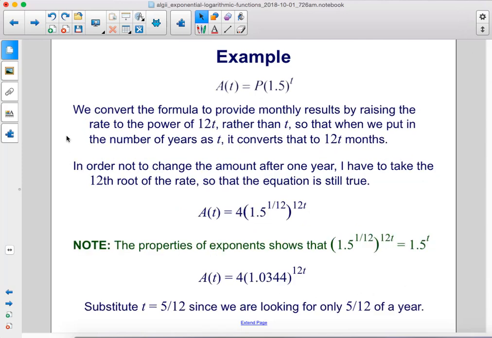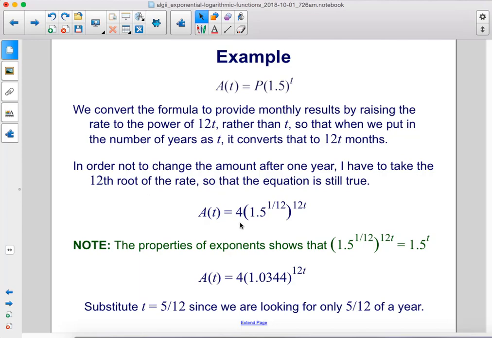We convert the formula to provide monthly results by raising the rate to the power of 12t rather than t, so that when we put in the number of years as t, it converts that to 12t months. In order not to change the amount after 1 year, I have to take the 12th root of the rate, so that the equation is still true.